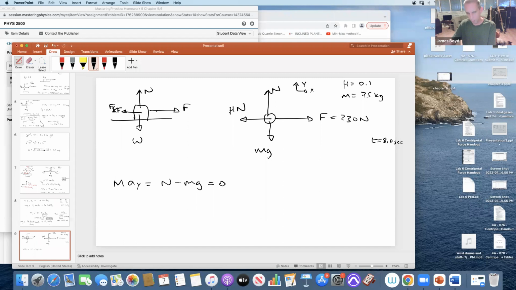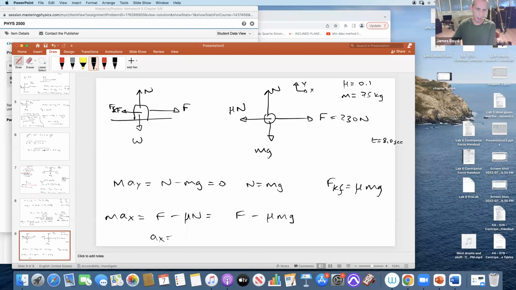Since he doesn't leave the surface of the snow, we assume N is mg. Our force of friction, kinetic friction, is mu mg. ma_x is force minus mu N, which is force minus mu mg.